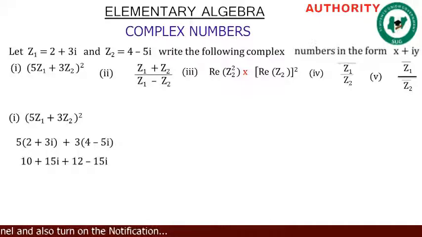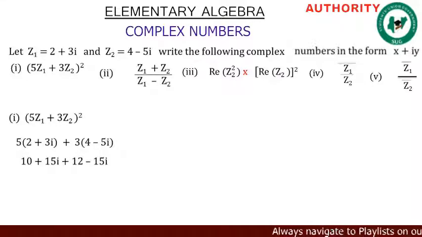5 times 2, 10. 5 times 3i, 15i, plus 3 times 4, 12. 3 times minus 5i, we have minus 15i. So plus 15i minus 15i is equal to 0, and 10 plus 12 is equal to 22.